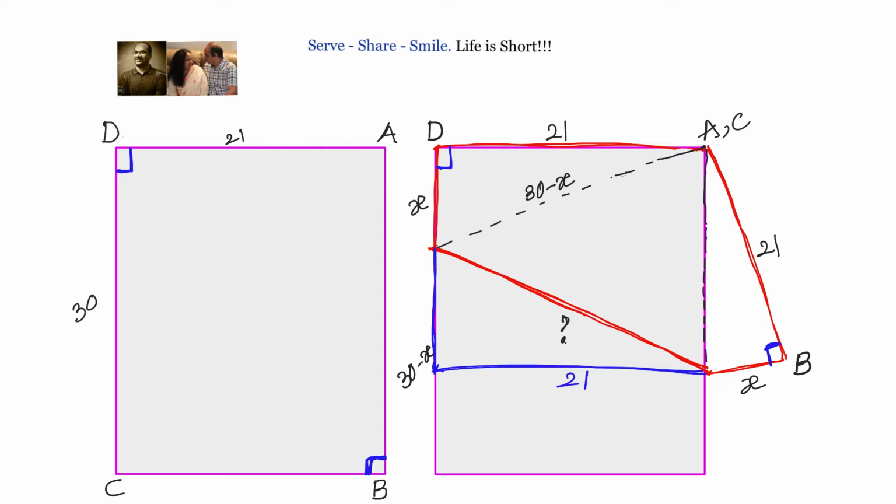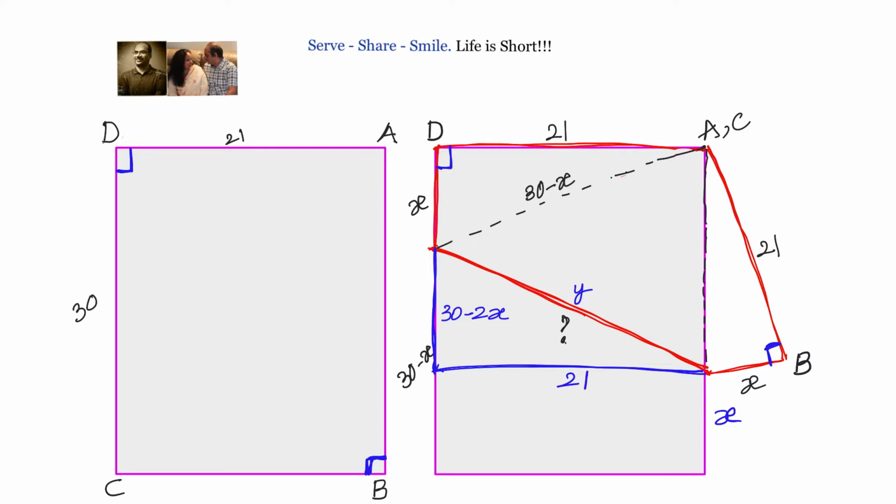We know x here, another x here. So with x left out, this length will be 30 minus 2x. So we can find out what is y.